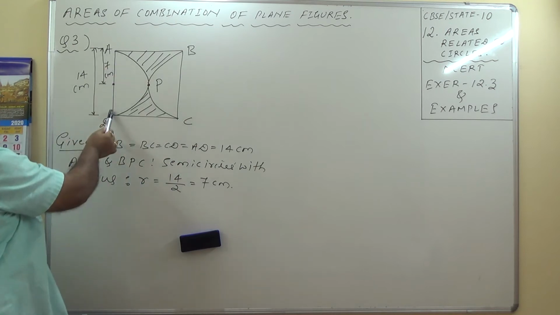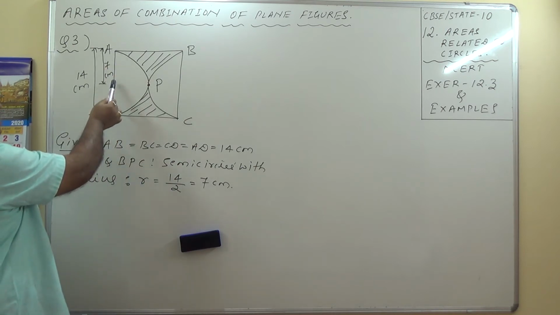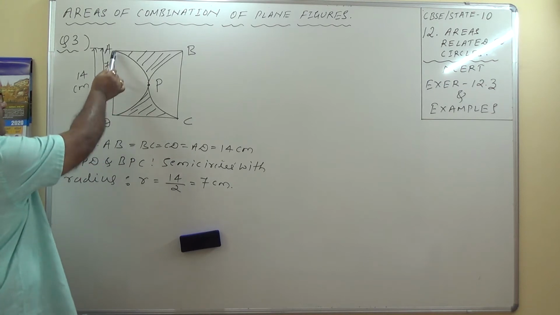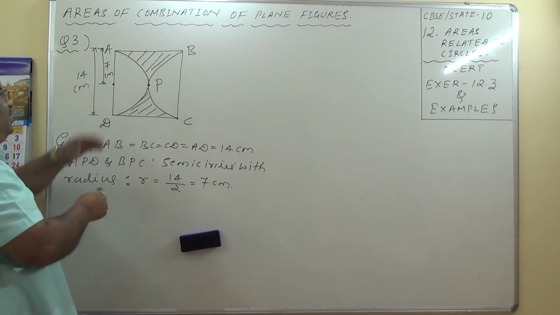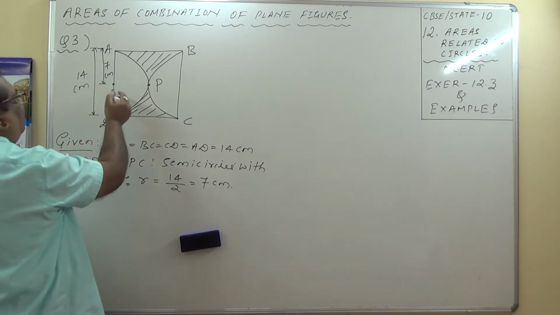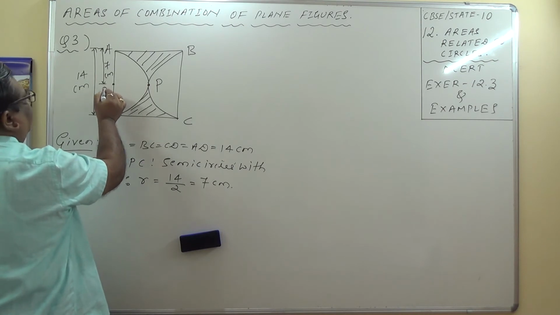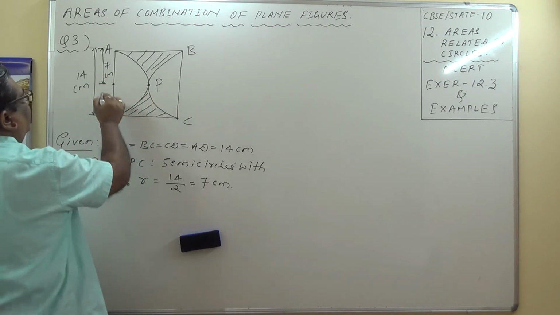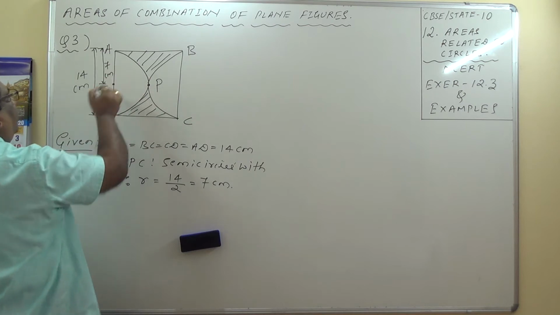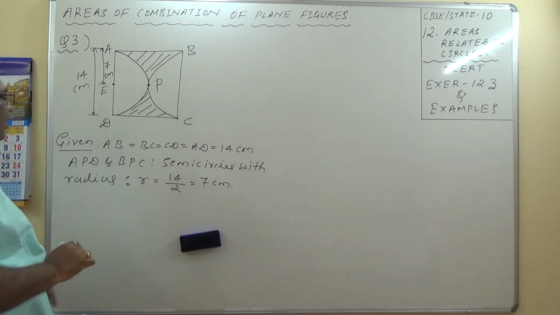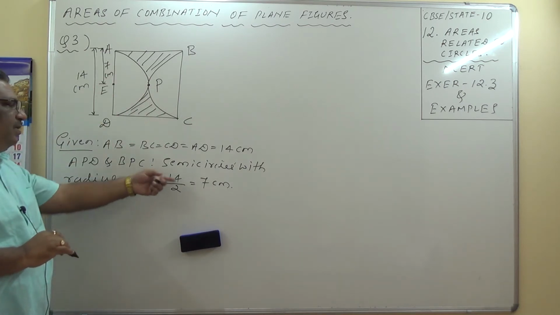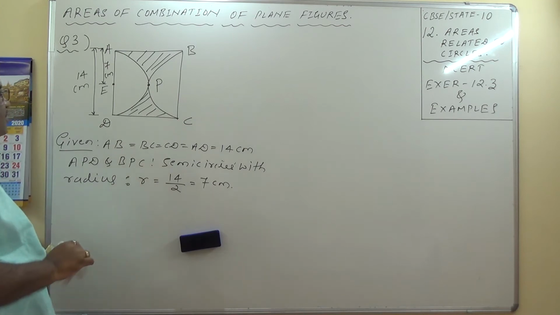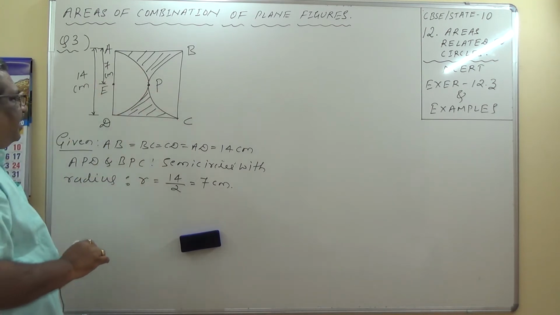From here to here it is 14 centimeter, so this is the radius here. You can mark this with some point also. Maybe I'll put this as E. AE is equal to 7 centimeter. That is the radius, which is 7 centimeter. So the question is, we have to find out the area of this shaded region.